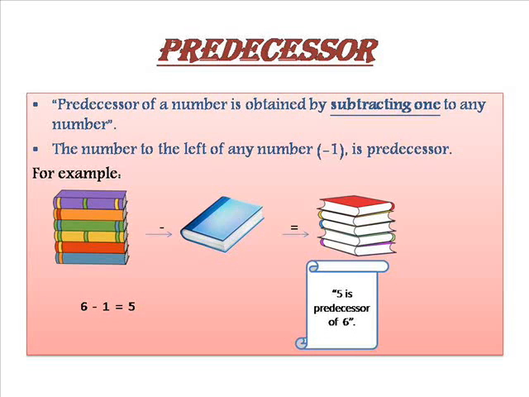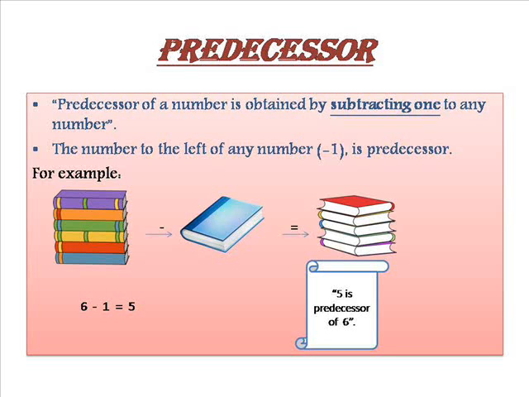I have taken an example of books here. I have taken 6 books. I have subtracted 1 from them. So I get 5 books. Number 5 is the predecessor of number 6. Always remember, successor is adding 1 and predecessor is subtracting 1 from any number.